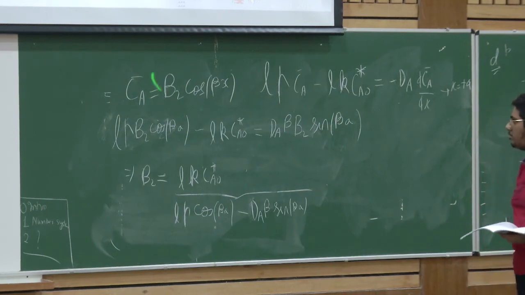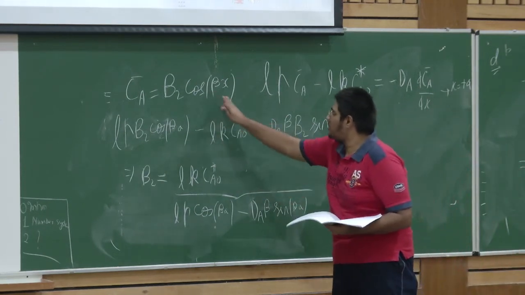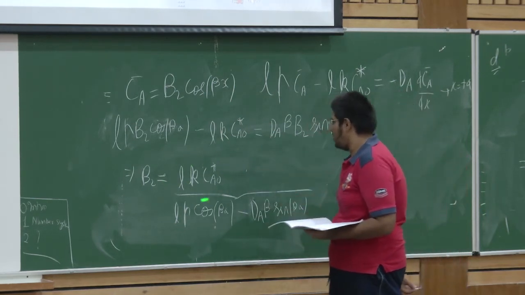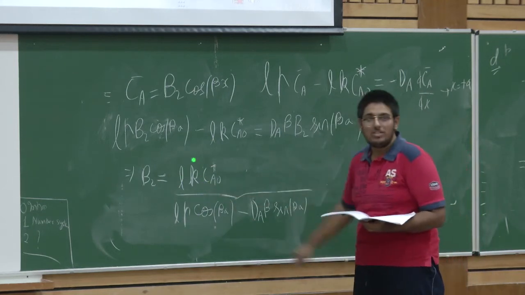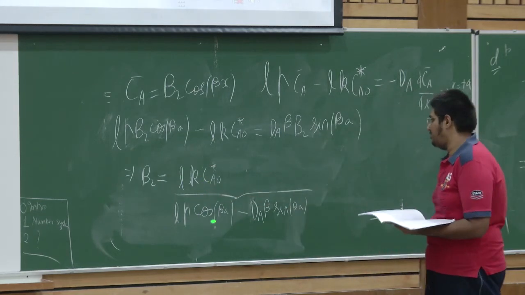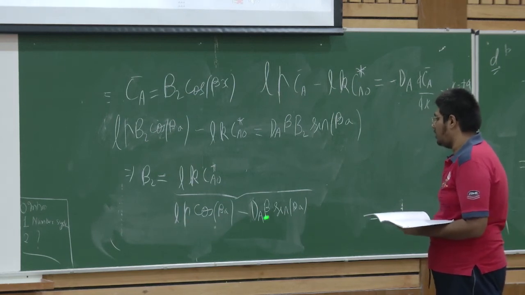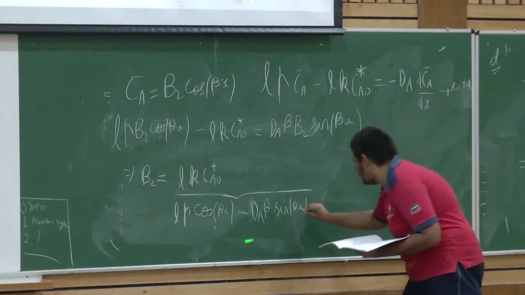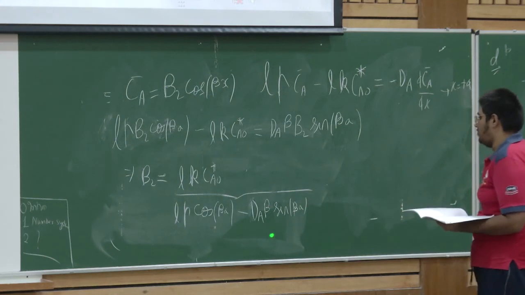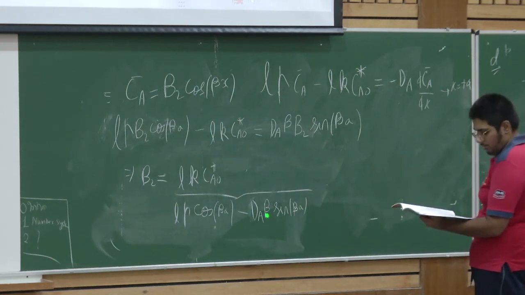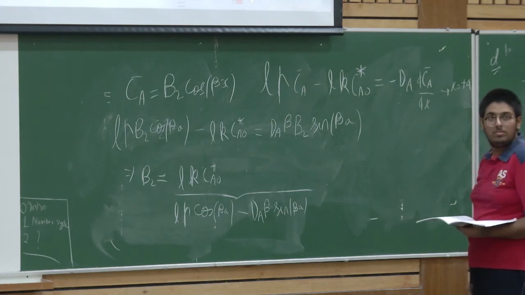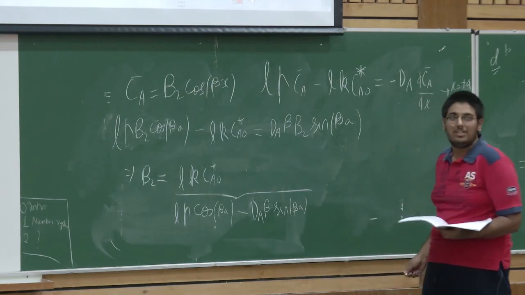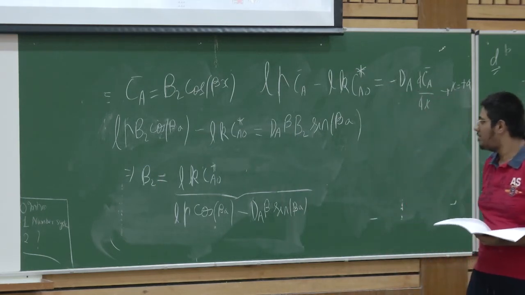So write the solution. CA bar is now, yeah, L into some kind of initial concentration equivalent at the interface. We have in the denominator LP cos beta A minus dA beta sin beta A. Is that it? Okay. Then you multiply by cos kx and then you get the solution, right?